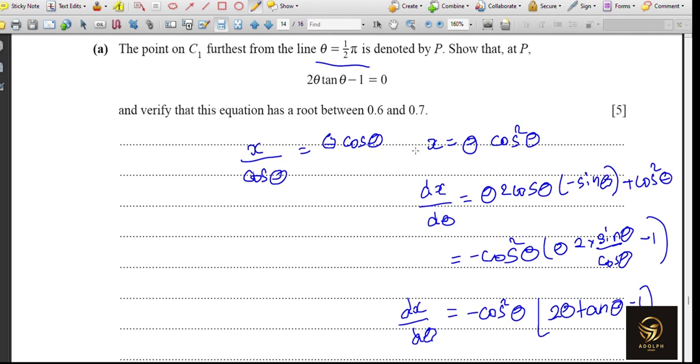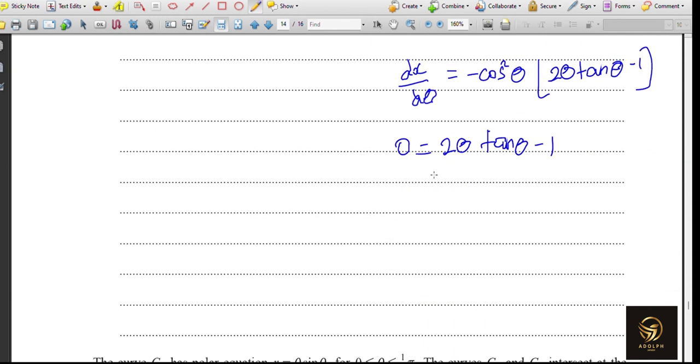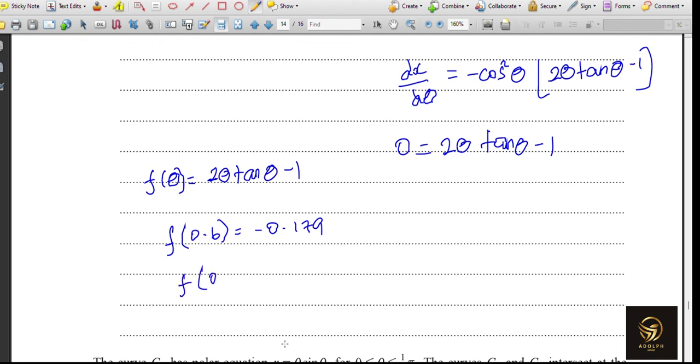One more thing is we have to verify that the root lies between 0.6 and 0.7. So first we write the expression we got, f of theta is 2 theta tan theta minus 1. When we substitute 0.6, we get the calculator value of negative 0.179. And when we substitute 0.7, we get the answer of 0.179.